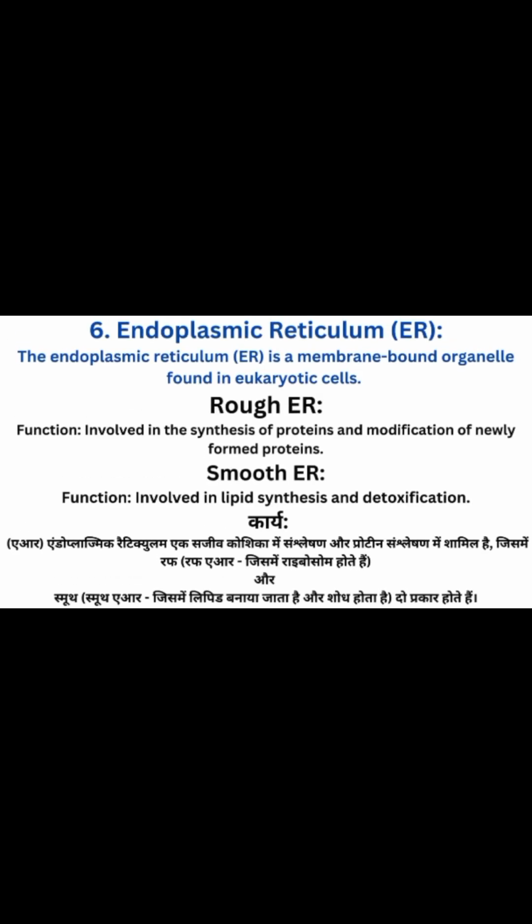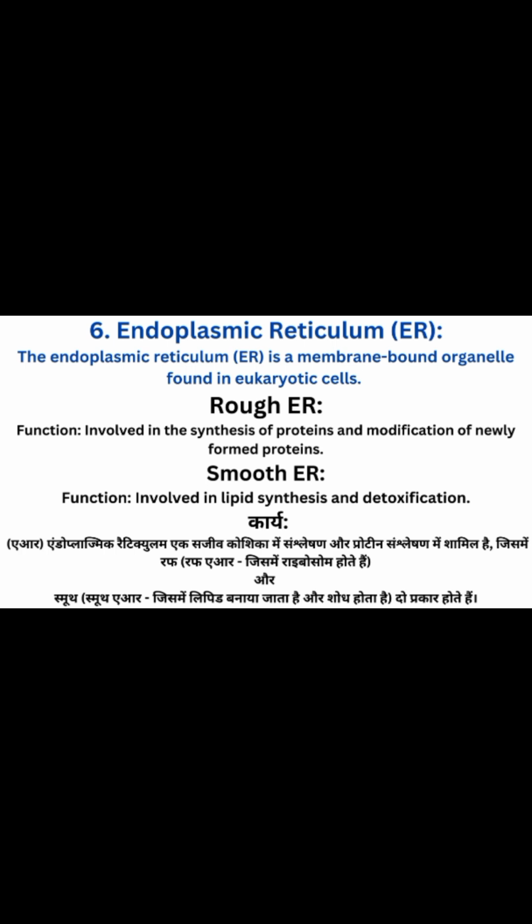Now let's dive into the endoplasmic reticulum or ER. It is this membrane-bound organelle found in eukaryotic cells, and there are two types of endoplasmic reticulum, the rough ER and the smooth ER. First, the rough ER. Its job, well, it's like the protein factory of the cell.